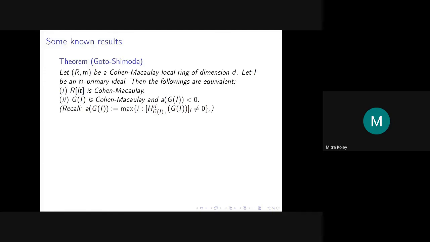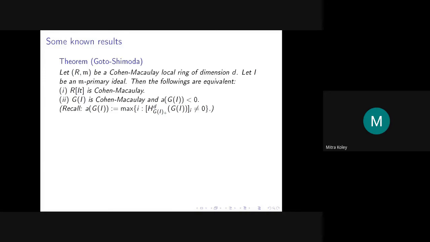The first theorem concerns Cohen-Macaulayness of the Rees algebra. Let (R, m) be a Cohen-Macaulay local ring of dimension d. Let I be an m-primary ideal. Then the Rees algebra is Cohen-Macaulay if and only if the associated graded ring is Cohen-Macaulay and the a-invariant of the associated graded ring is negative.